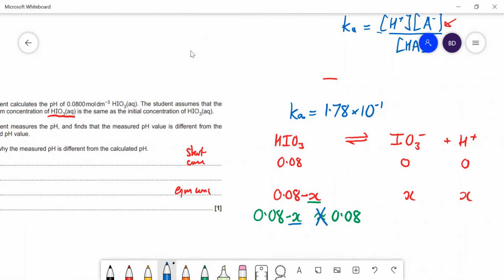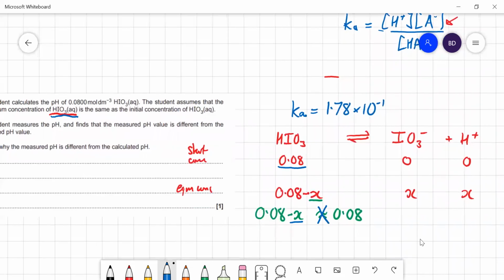The concentration of the HIO3 is not the same as the initial concentration. It's not 0.08, it's going to be a bit lower. So if you use that approximation when you work out the pH, you're not going to get quite the right answer, because iodic acid is on the verge of not really being a weak acid. It's almost a strong acid. Quite a complicated answer for 1 mark.